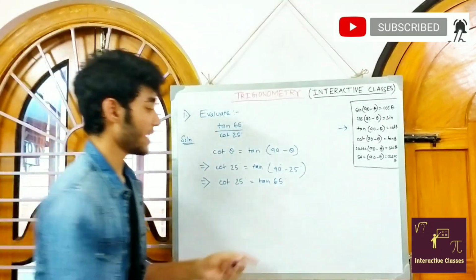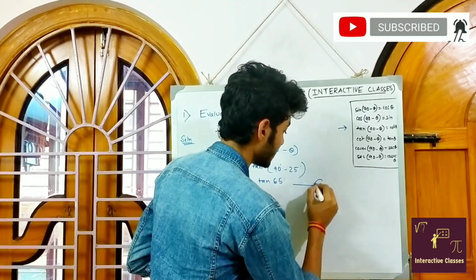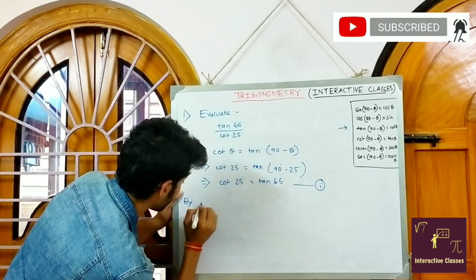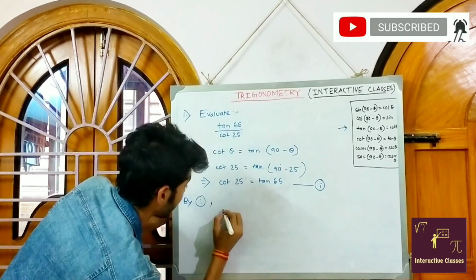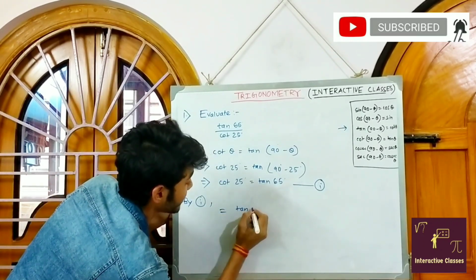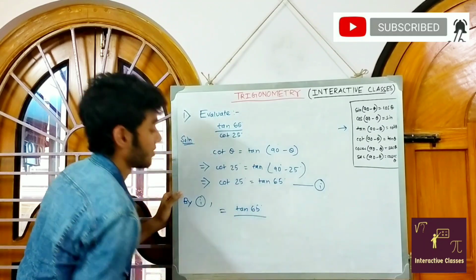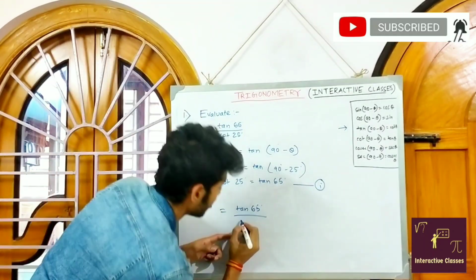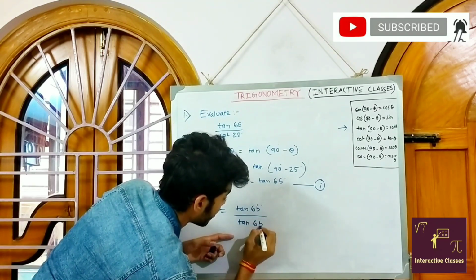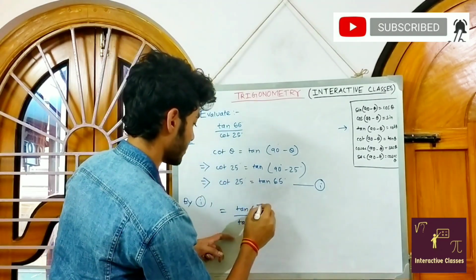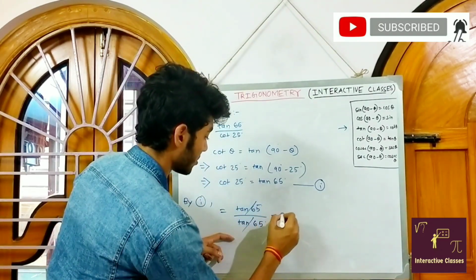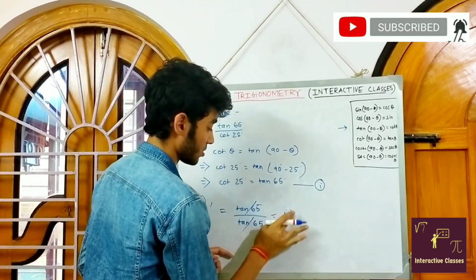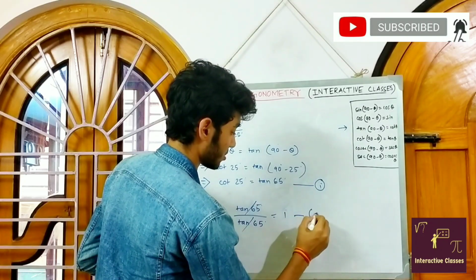So we can say that tan 65 degree by cot 25 degree is nothing but tan 65 degree by tan 65 degree, it becomes 1. Answer.